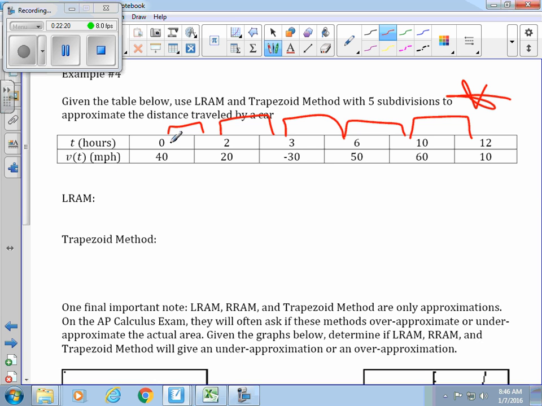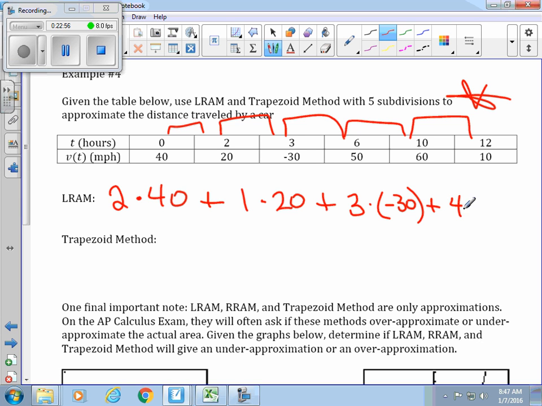So, my first rectangle, how wide is it? If I'm doing a left-hand approximation, what is the height? Plus 1 times 20 plus 3. So remember, a negative is a negative. It's okay. Don't let it hurt your brain. Just use it. Put it down. No big deal.